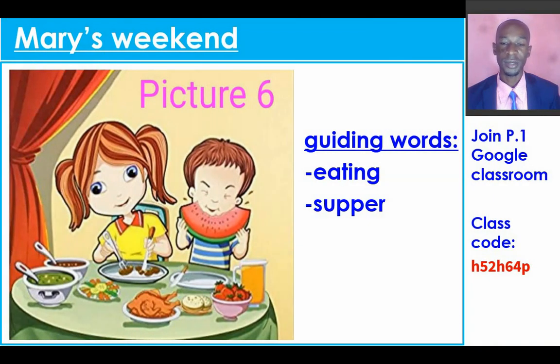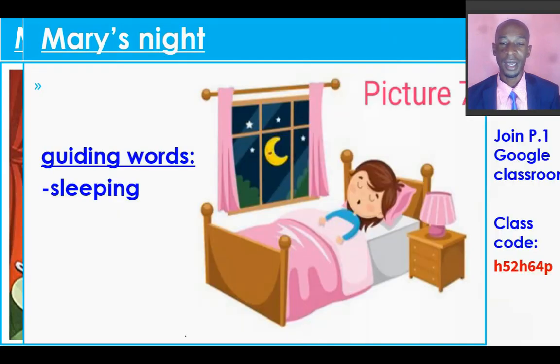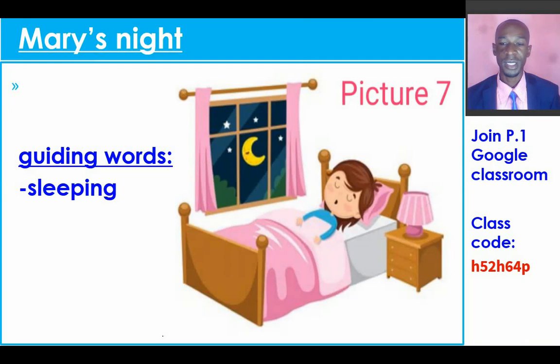In picture 6, we can write and say Mary has finished cooking supper and is eating with a friend. Mary is eating supper with a friend. After eating supper, picture 7, we can say Mary is now sleeping. Mary is in her bedroom sleeping.